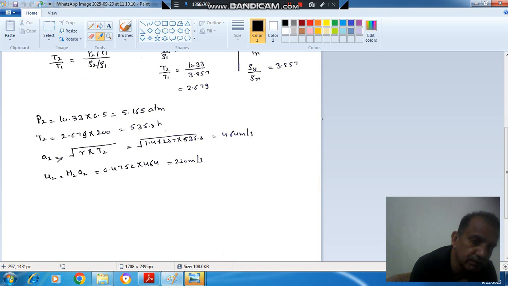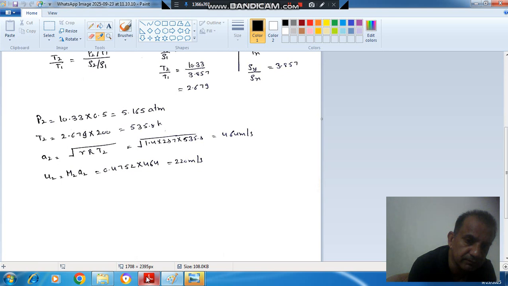And sonic velocity is your root gamma R T2, so that is root 1.4 into 287 into 535.8. So that comes as 464 meter per second.